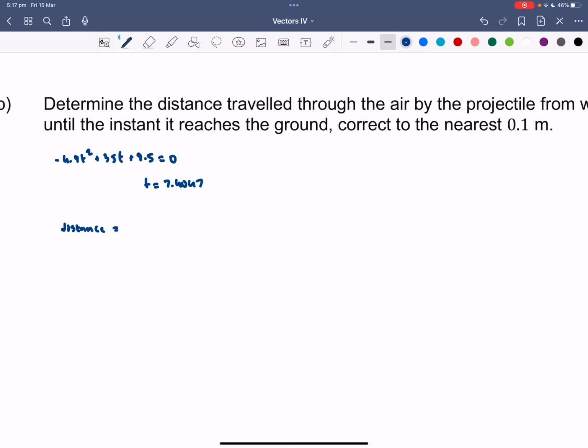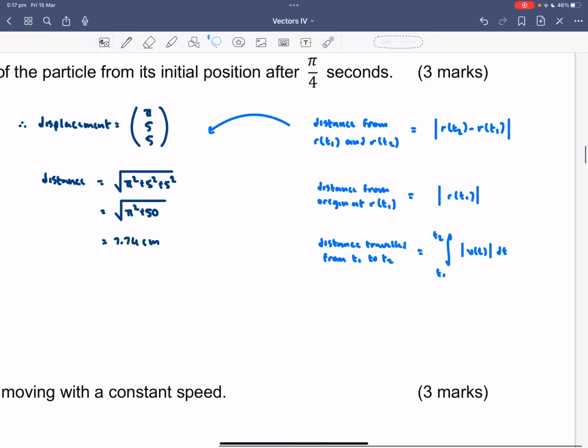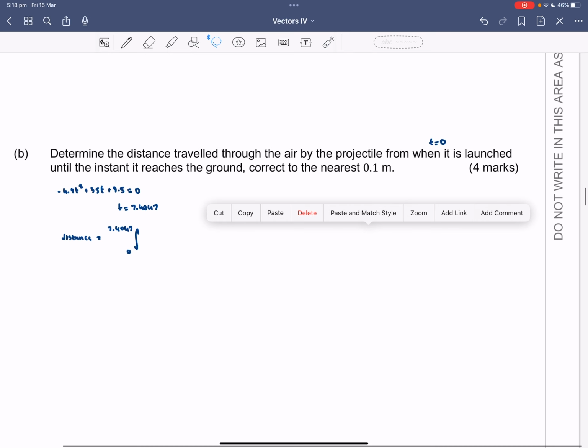The distance traveled would be the integral from t1, which is 0, to t2, which is 7.4047, of the magnitude of the velocity vector. If anyone forgot, I'll write it down again just for your convenience. This is the formula for distance traveled from t1 to t2.